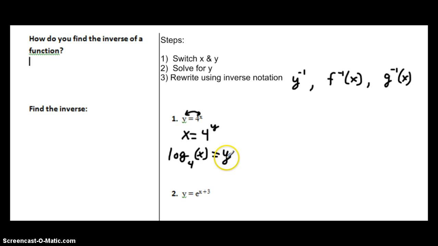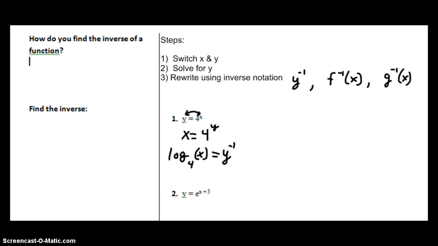We're trying to get to the y. That only required one step. We already got the y isolated, so there's our inverse. So my last step is rewrite using the inverse notation. So I'm just going to add my -1 to show that it's the inverse.